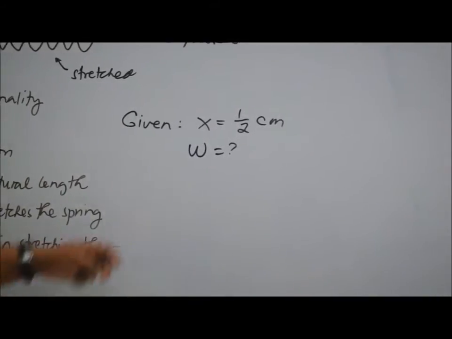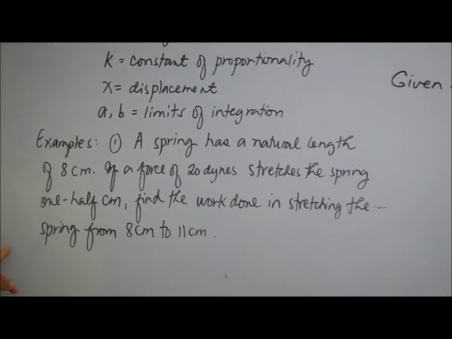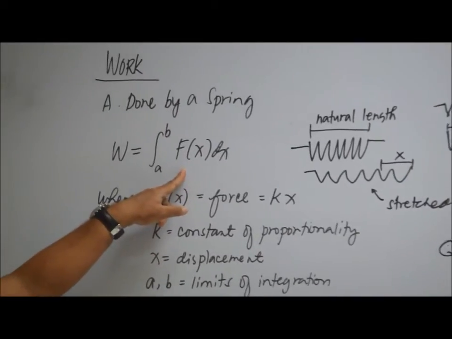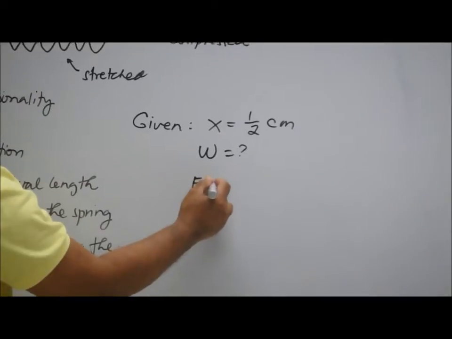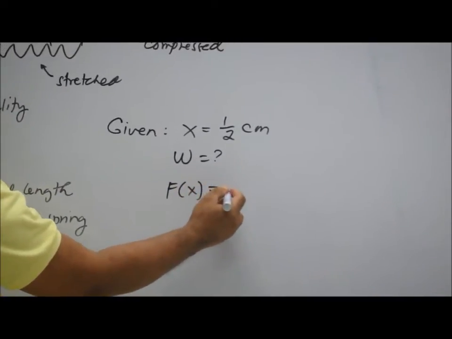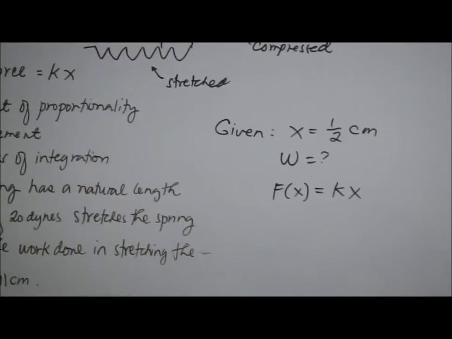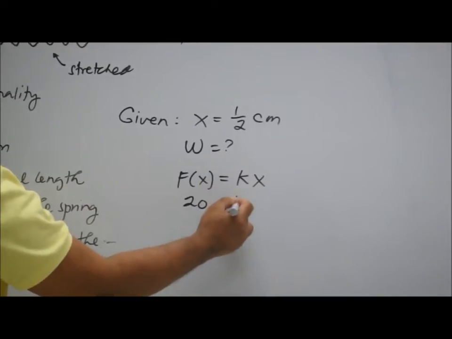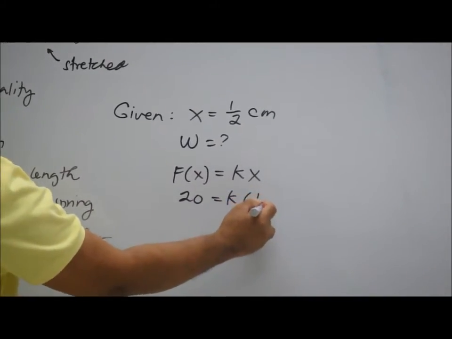In order for us to define the work done in stretching the spring from 8 cm to 11 cm, we need to find first the integrand, which is represented by f of x. And that f of x, by formula, we have as kx. So we have the force applied, which is 20 dynes, then we have k, which is the constant of proportionality, then x is 1/2.